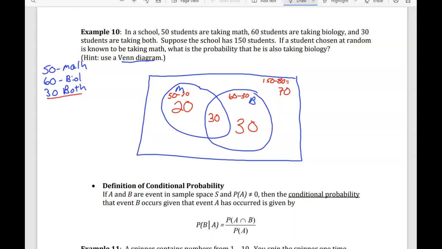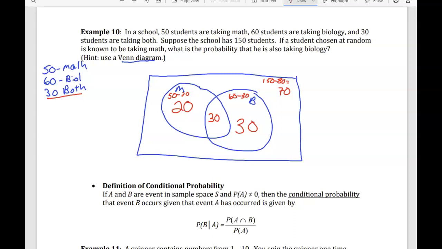And it's important to think about this because we have to pay attention to the fact that this does not say 50 students are taking math only. It says 50 students are taking math. So again, that includes this entire circle.